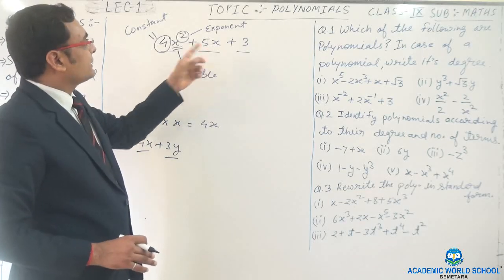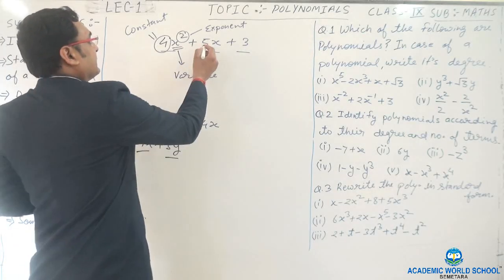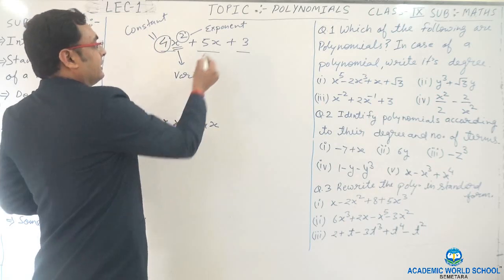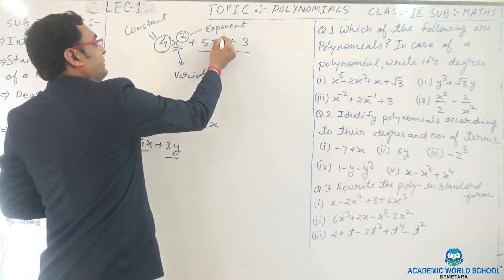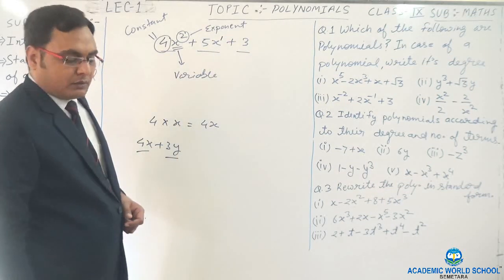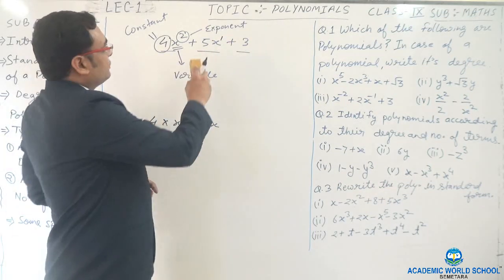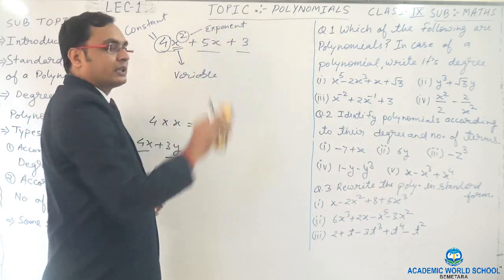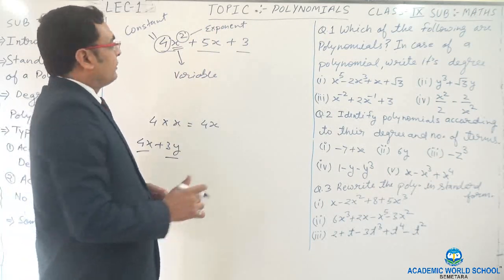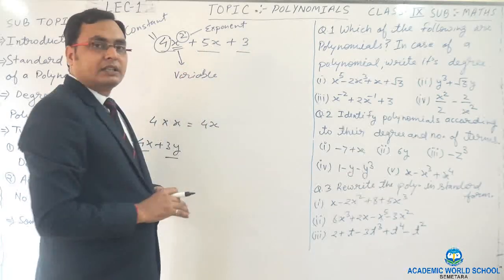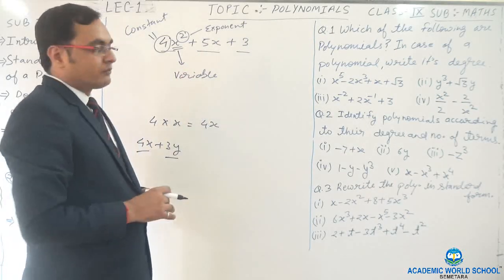Similarly, if we look at the second term, here this 5 is the constant part, x is the variable part, and the exponent is 1. But there is no difference between x to the power 1 and x, so no need to write 1. It is only 5x. Further, the plus 3 is known as the constant term.